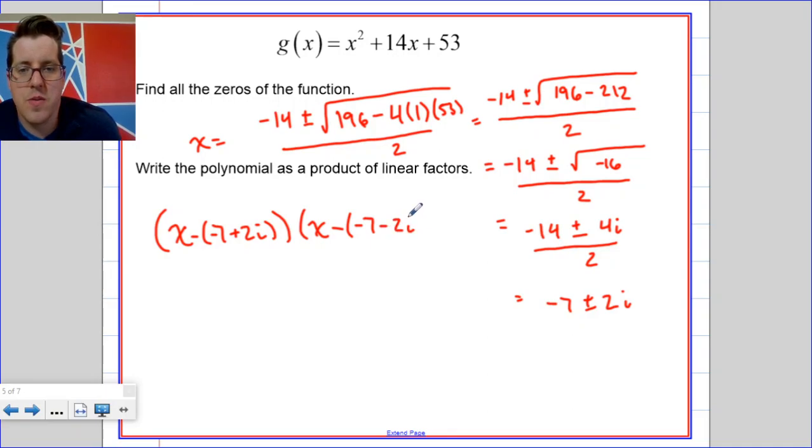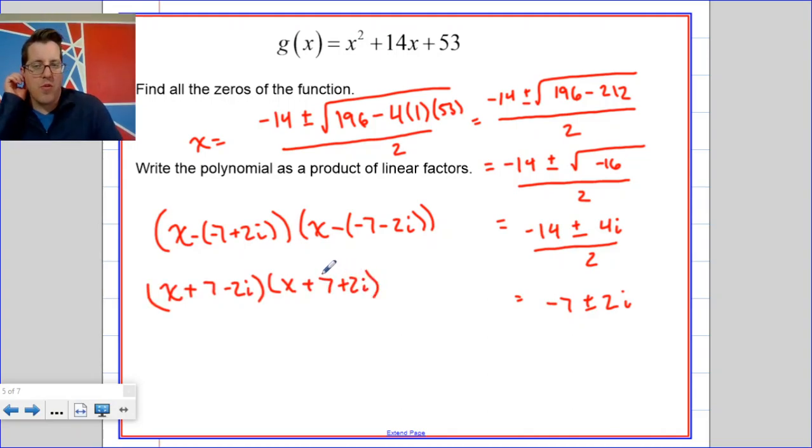The thing that always trips me up is that when I distribute this out, I'm going to get x plus 7 minus 2i and x plus 7 plus 2i. It kind of throws me for a loop for a second because I'm expecting these to be different as well, and they're actually the same as each other. It's the i's that are going to change.